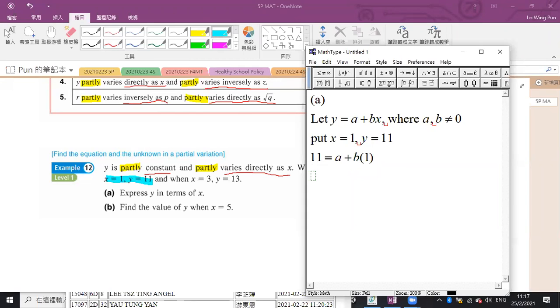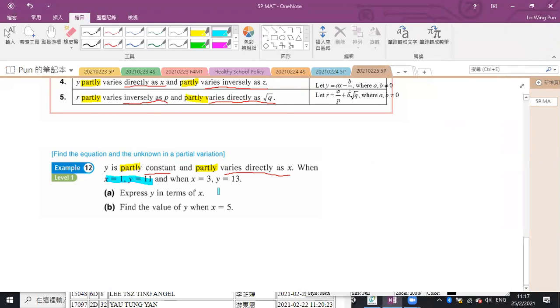So normally I will write the a and b on the left hand side. So a plus b is equal to 11. And then I call this equation 1. Can you get this? So I will check whether there are common factors which can be cancelled first. If there are common factors, I will cancel them first, but there are none here, so I label it as equation 1.